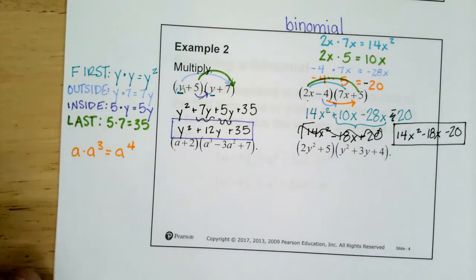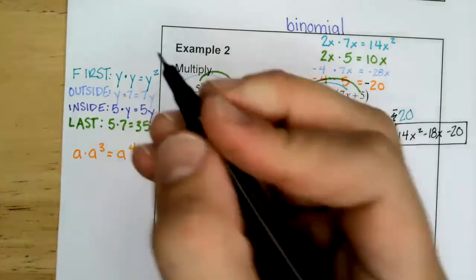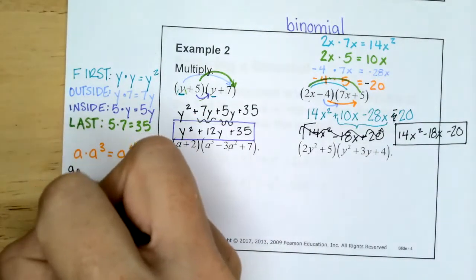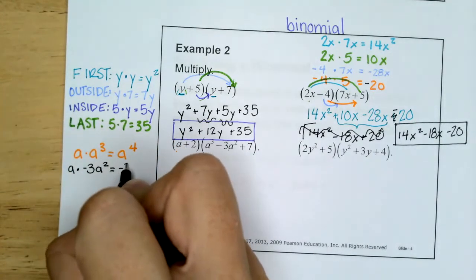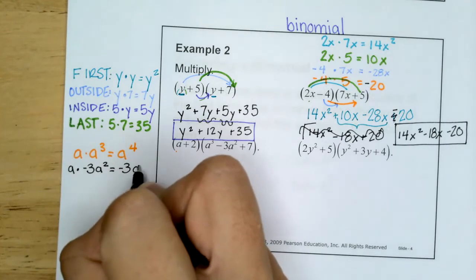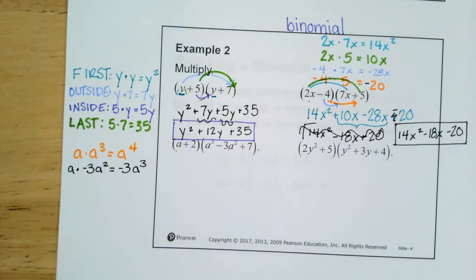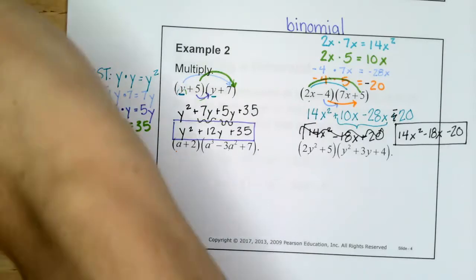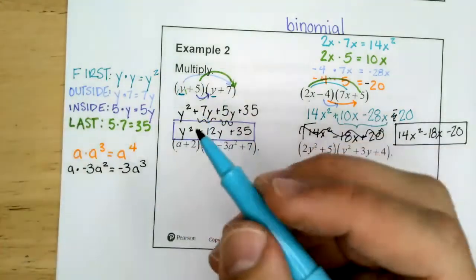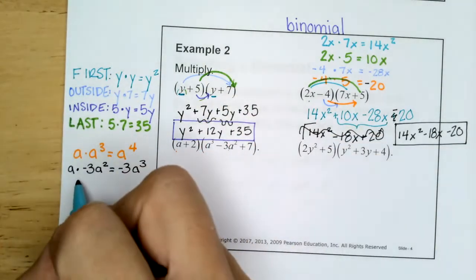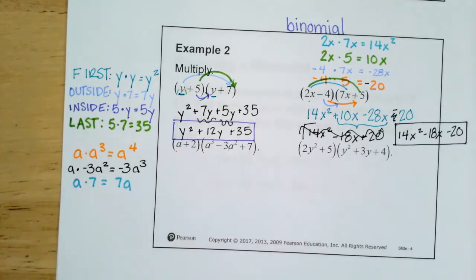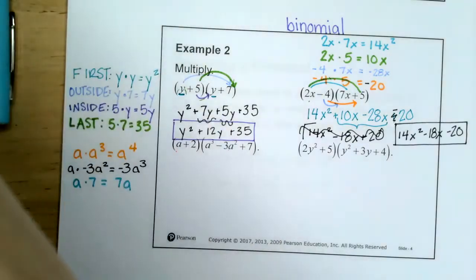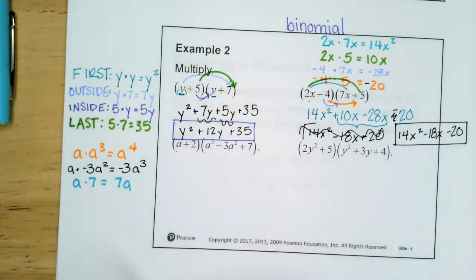Then we're going to do a times negative 3a squared. That becomes negative 3a cubed. And then we will do a times 7. 7a. Okay.